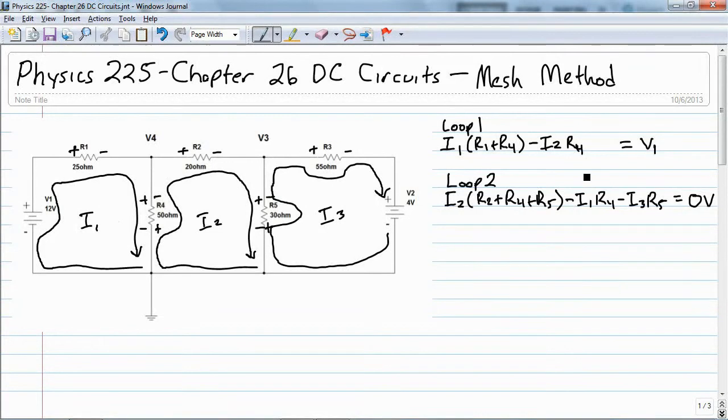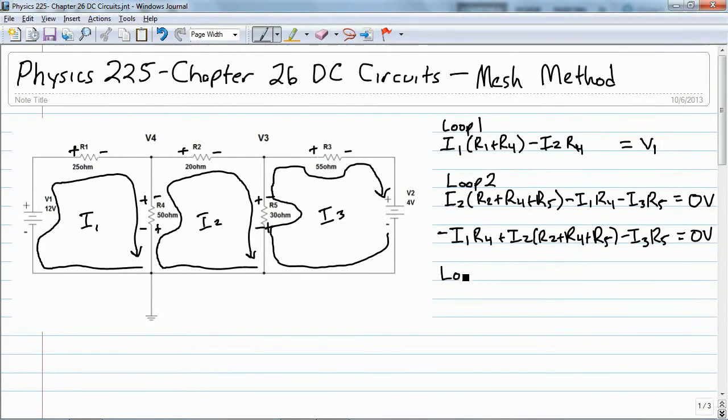Now I can rearrange this because I want to be able to solve it as simultaneous equations. I'm going to have minus I1 R4 plus I2 times R2 plus R4 plus R5 minus I3 R5 equals 0 volts.